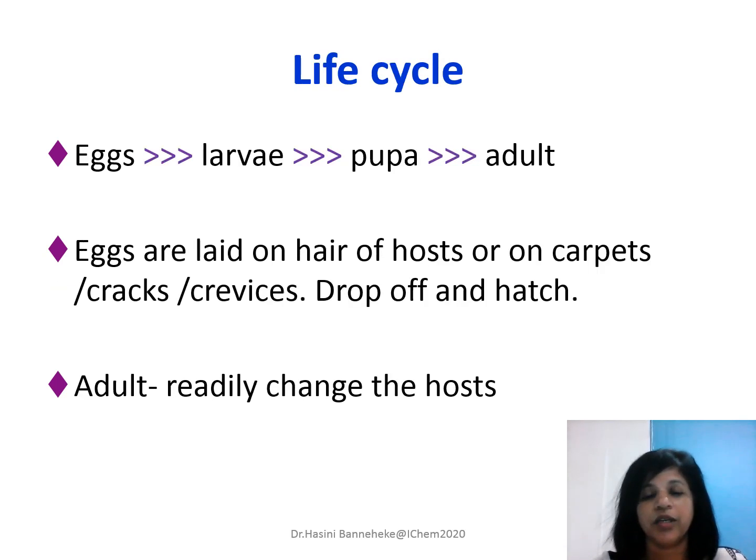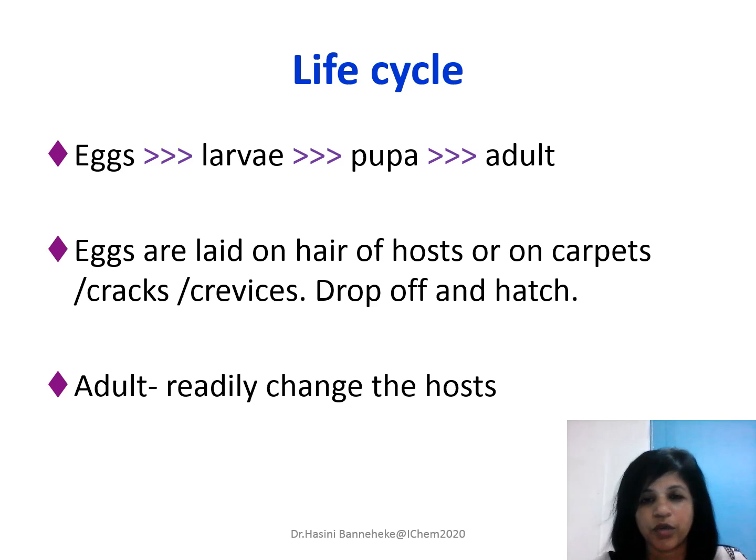So moving on, it has a complete life cycle. They have eggs which hatch and release larvae, and the larvae grow into pupae, and from the pupae the adult emerges. Generally these eggs are laid on the hair of the host.